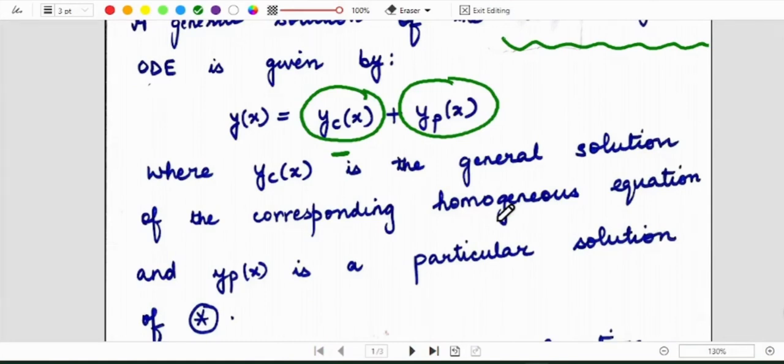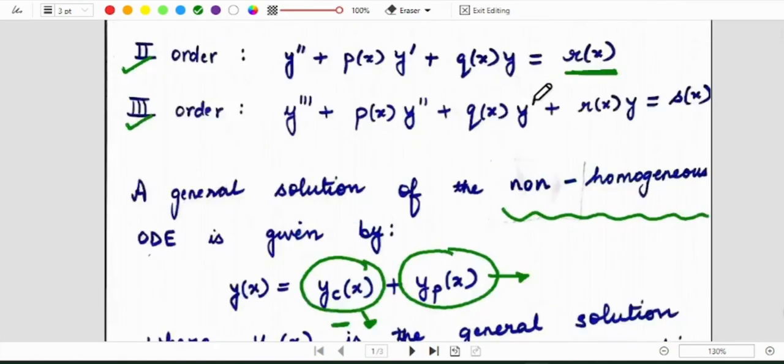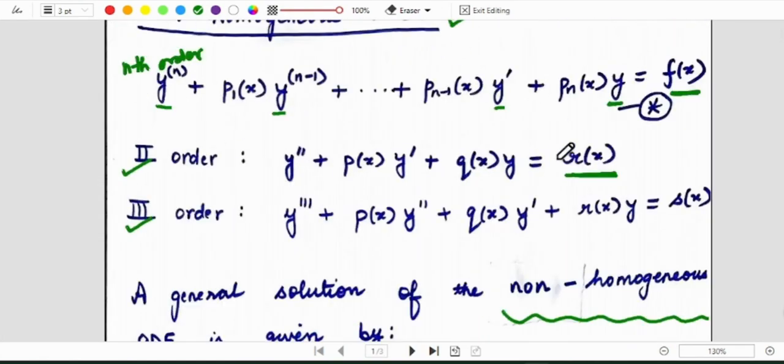You find yc using the techniques that we have learned in the last two videos. So yc(x) represents the general solution of the associated homogeneous equation, and yp(x) is any one particular solution that you can obtain through any of the methods for this differential equation.